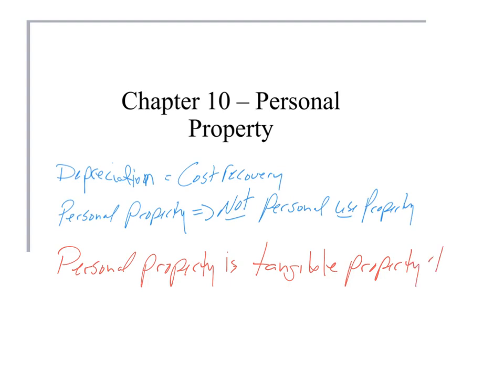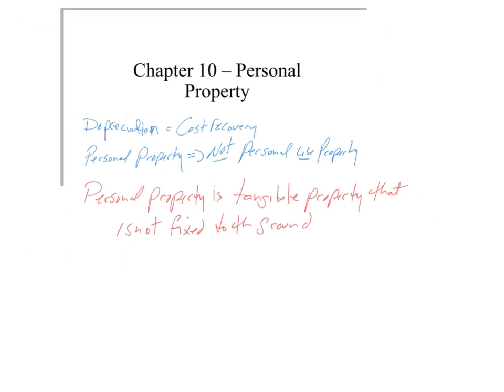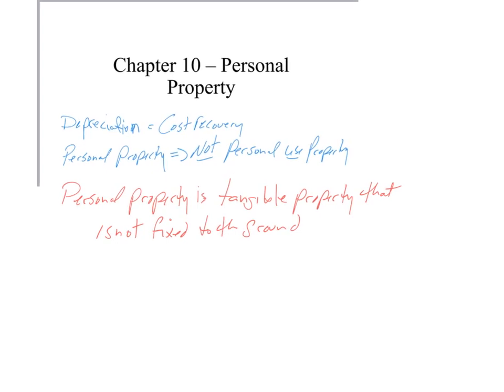Tangible property that is not fixed to the ground. So why do I make that distinction? Because remember, real property is stuff like buildings, right? Houses that are fixed to the ground.